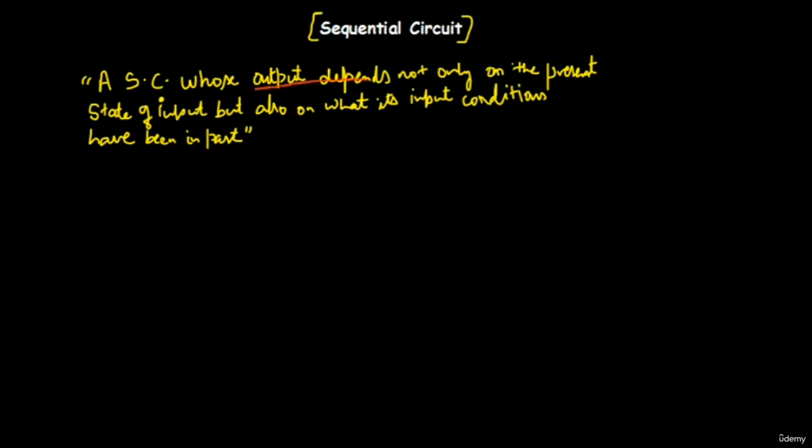Output depends not only on the present state of input, but also on what input conditions it has gone through in the past. Like if you are a soldier, you have gone through a particular kind of training. If you are a high school student, you have gone through a particular syllabus. If you are studying English, as we are talking, you have gone through the ABCD, and all the basics of grammar, noun, pronoun, voice, tense, and all that.